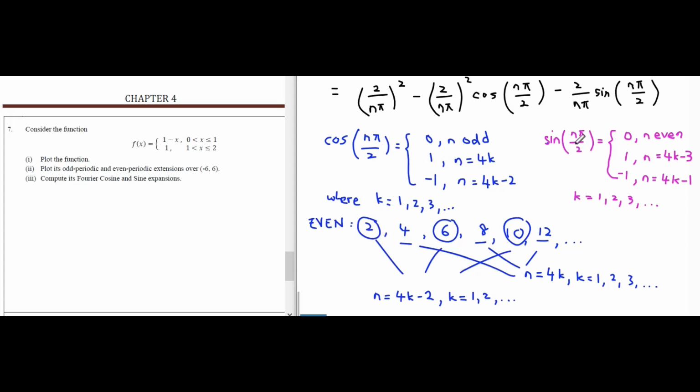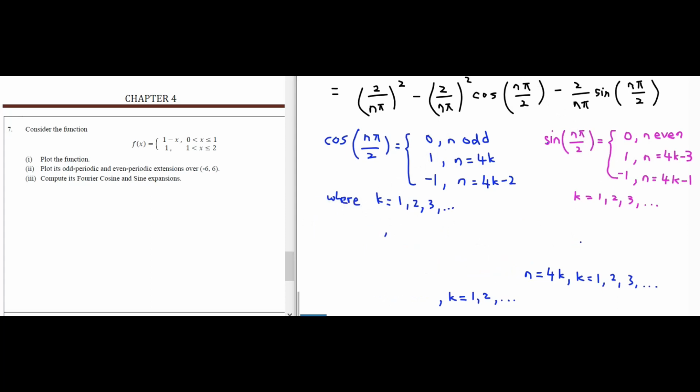The same concept for the sine. We know that whenever n is even, the sine will return the value of 0, but it differentiates when n is odd value by +1 or -1.